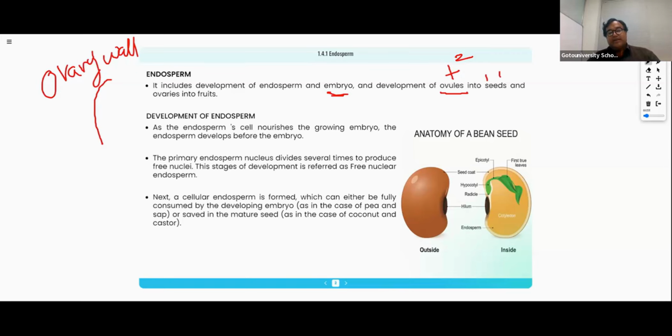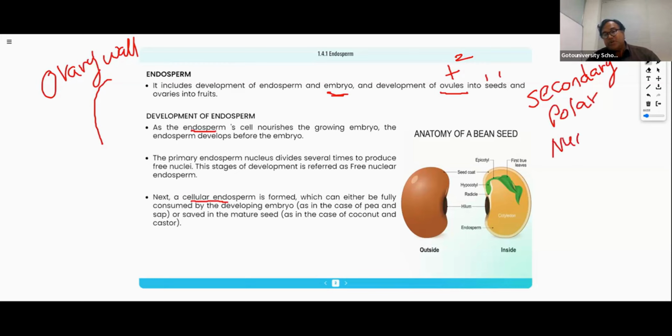Now, as I already told you, endosperm nourishes the zygote to become an embryo. So the endosperm is formed by which particular structure? In the last class I told you, the secondary polar nucleus is mainly responsible for the formation of the endosperm.